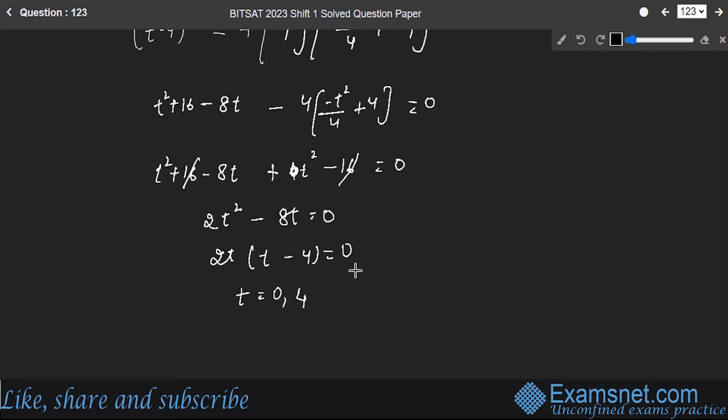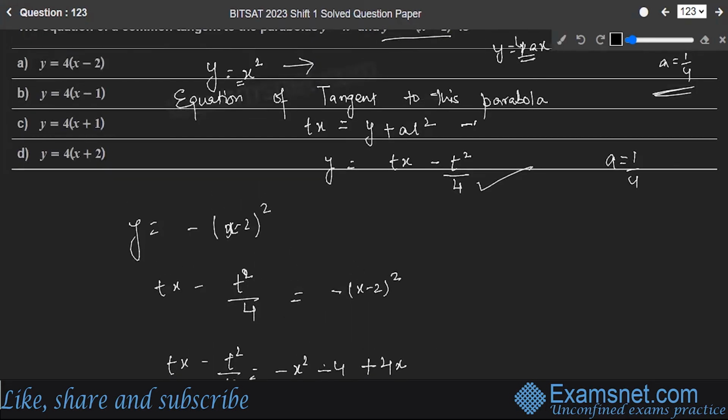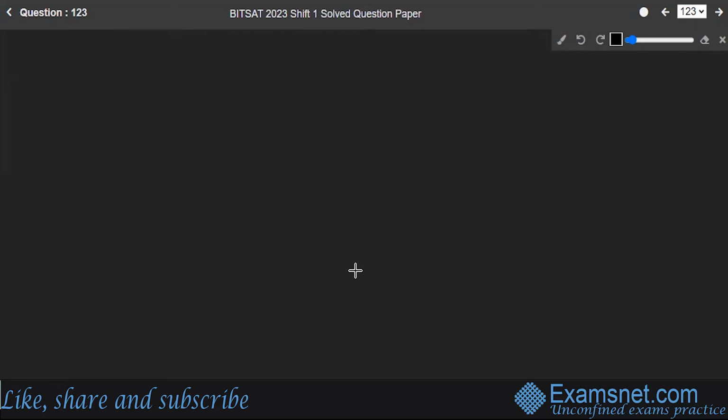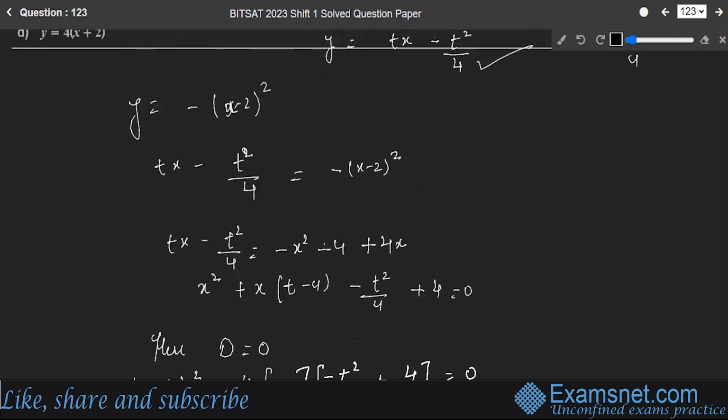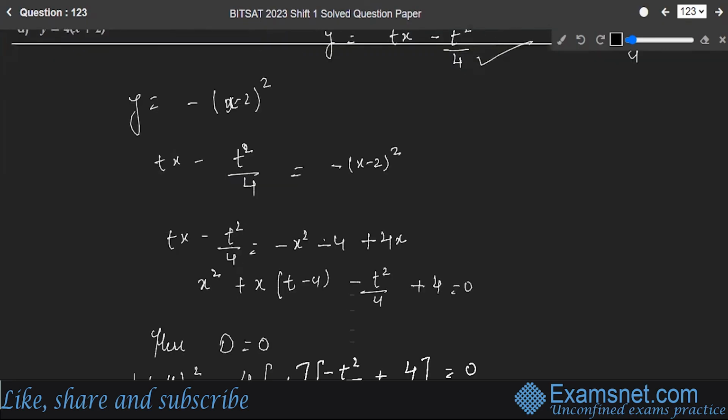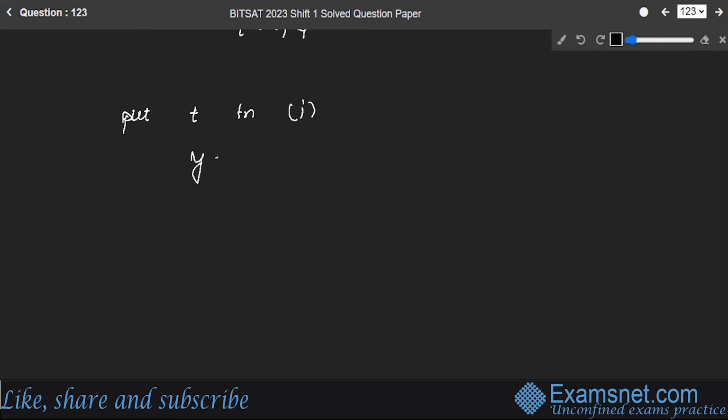So now let's put this value of t in the given equation. Put t in equation 1. You had t is equal to 0, t is equal to 4. The equation 1 was y is equal to tx minus t squared by 4.